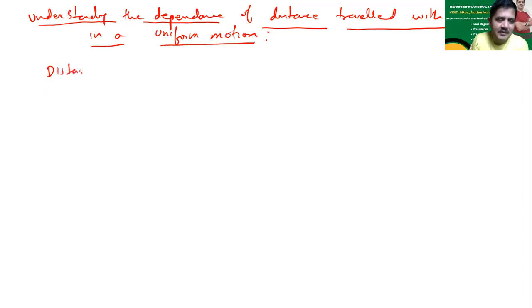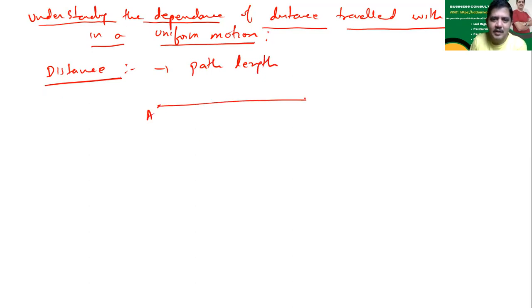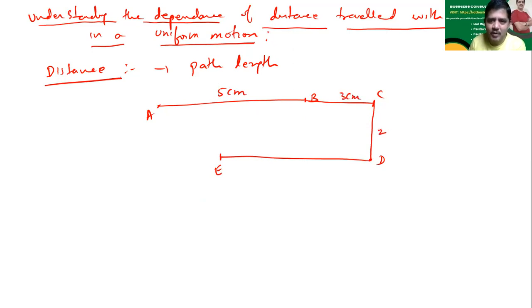Distance, as you know, is nothing but total path length. For example, I start from point A and go until point B. This is the length of the path, which I can measure using a meter scale. Once again, I continue from point B to point C, take a turn to point D, then return back to point E. Let us say this is around 5 centimeter, this is around 3 centimeter, this is around 2 centimeter, and this is once again around 6 centimeter.